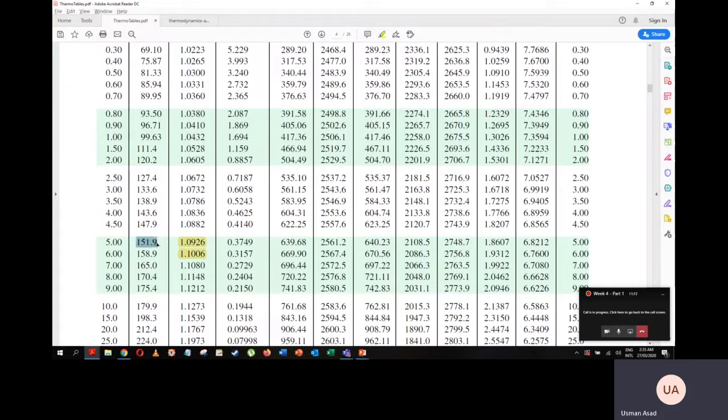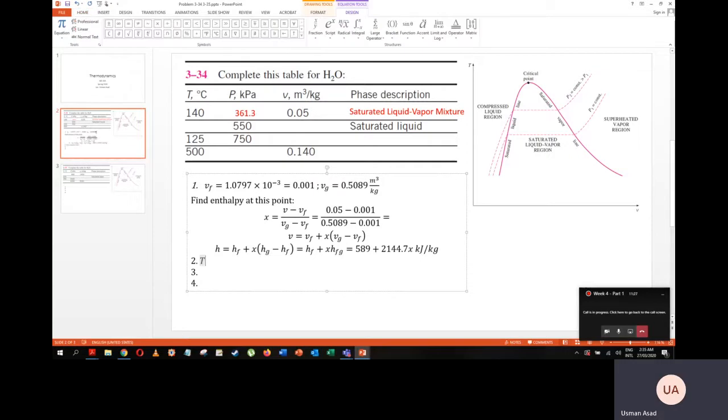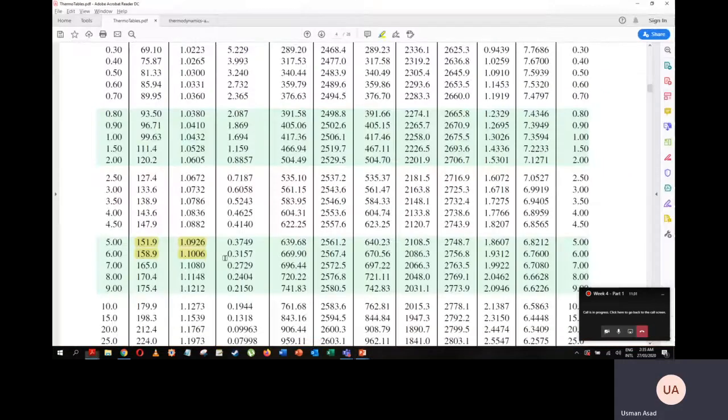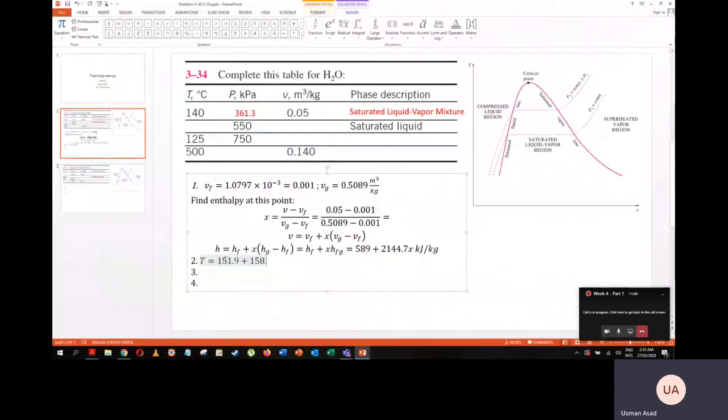And for temperature, just take the average of these two values, right? So temperature is going to be equal to the average of 151.9 plus 158.9, divided by 2.